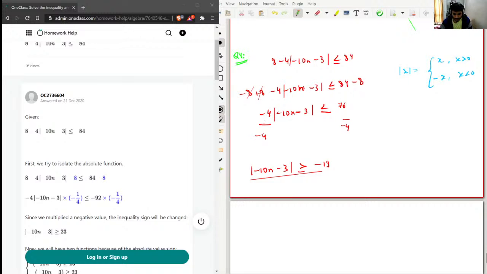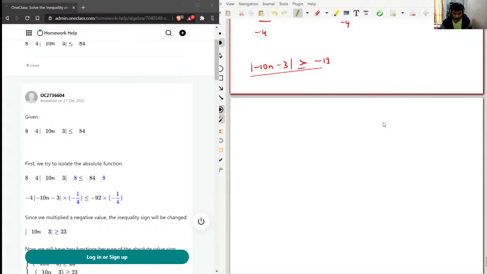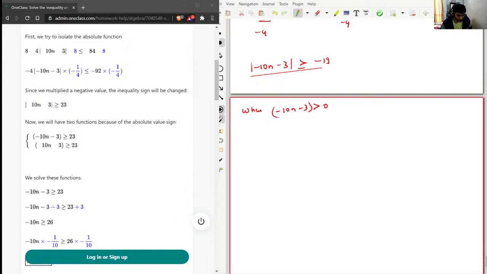Now again we are going to expand this magnitude in terms of its two values. So when minus 10n minus 3 is greater than 0, I'll just go with the solution.